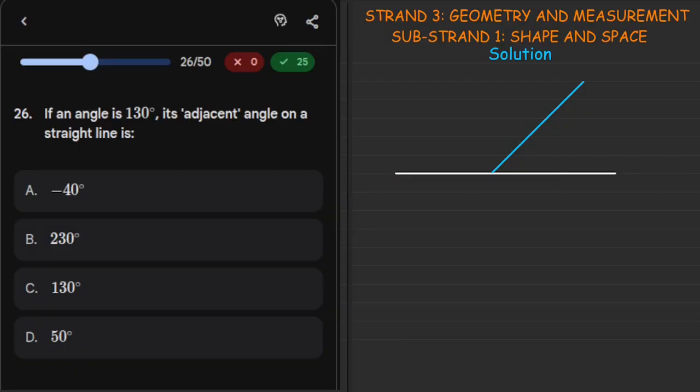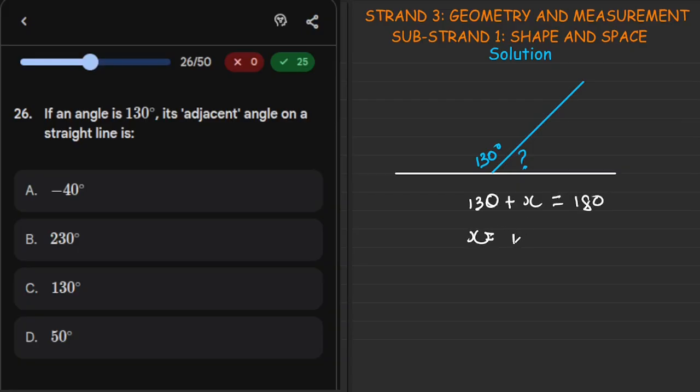So in this case, we are saying these two angles share a common arm. And then one is 130 and it is adjacent to the other. Now 130 plus what gives us 180. So 130 plus x equals 180.